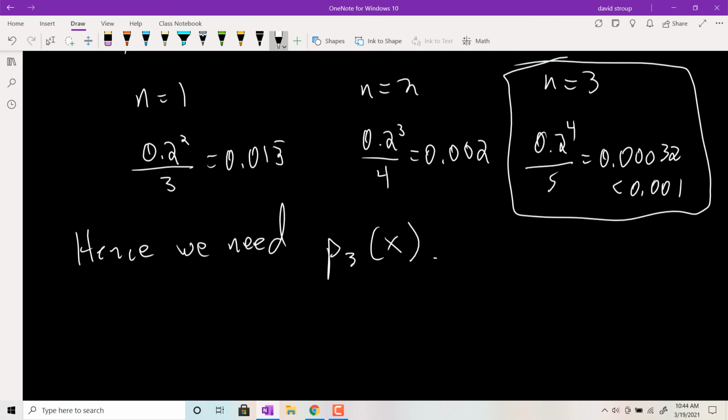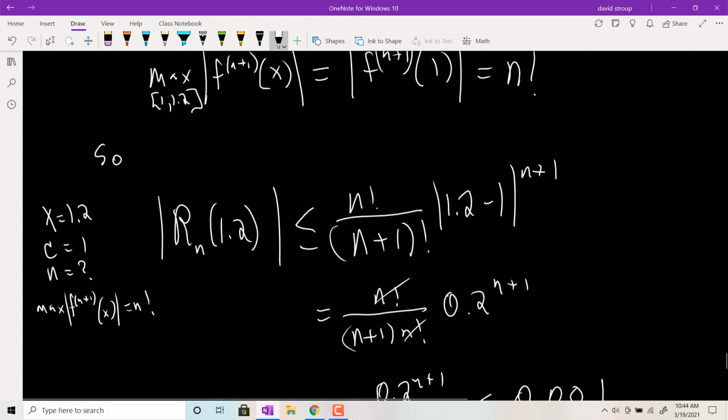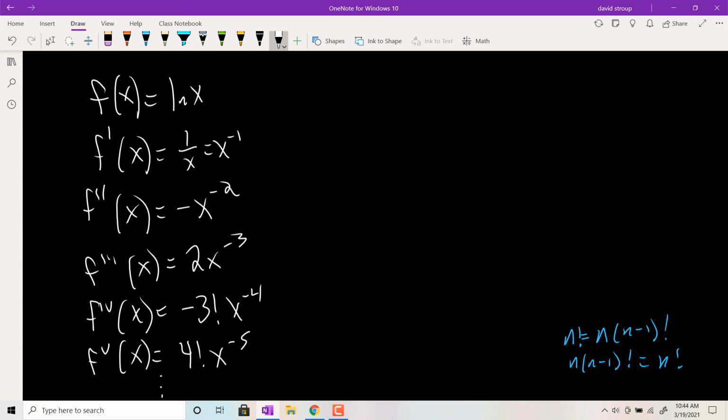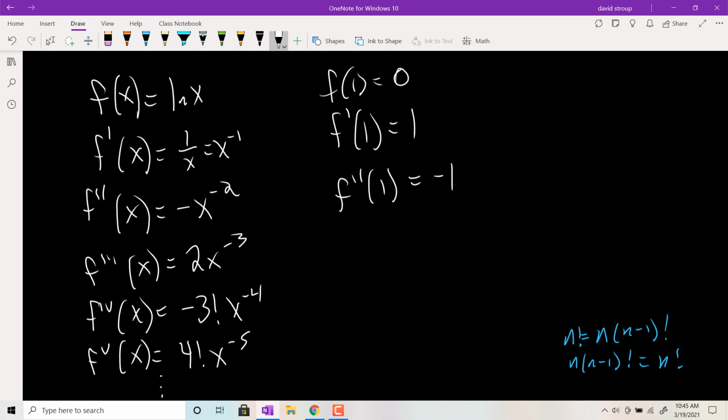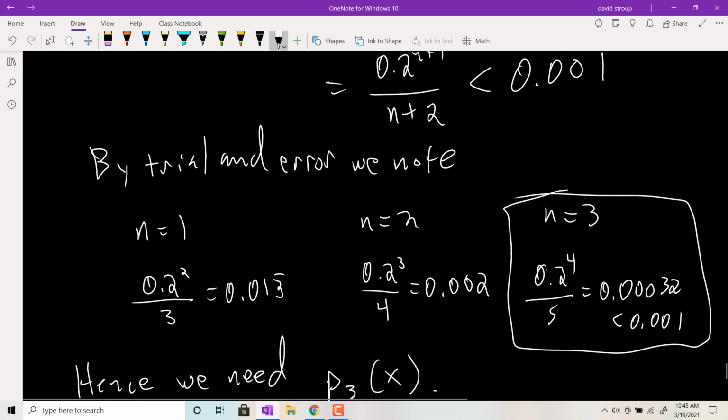Let me see if I have it written somewhere. Probably not, right? Ooh, I guess I didn't write it anywhere. We can go back up here and kind of figure it out, right? So f of 1 is 0, f prime of 1 is 1, f double prime of 1 is negative 1, f triple prime of 1 is 2. 0, 1, negative 1, 2.